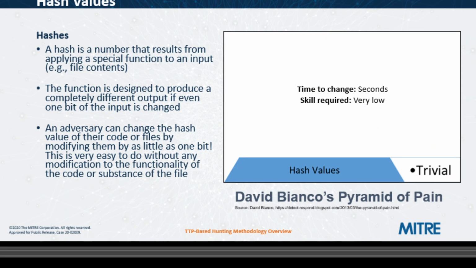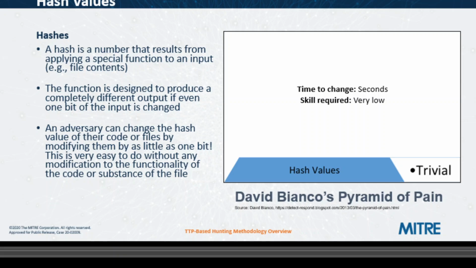So let's walk through these different layers. At the bottom of the pyramid are hashes. For those who don't know, a hash is just a number that results from applying a function to an input, such as a binary. You input a file to this function, and out pops a number.